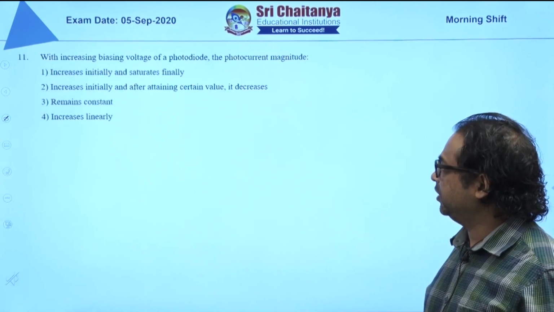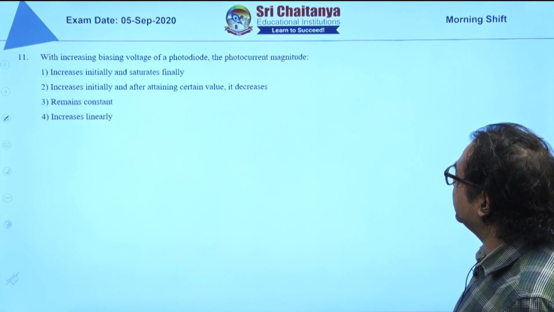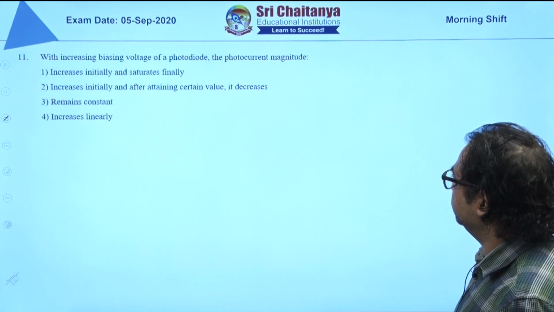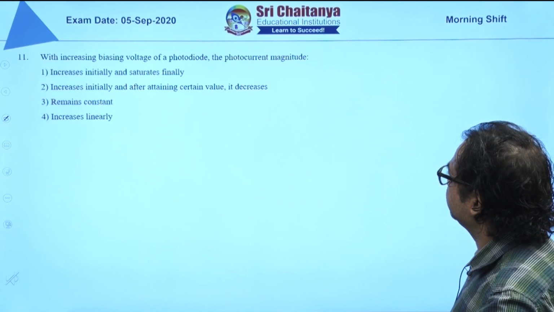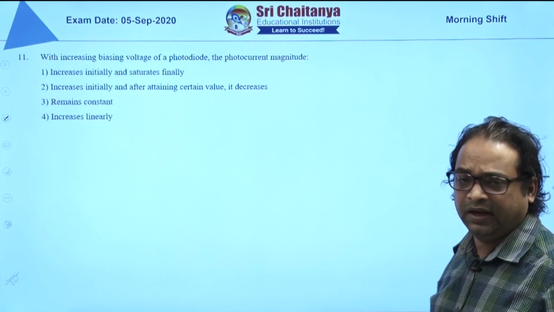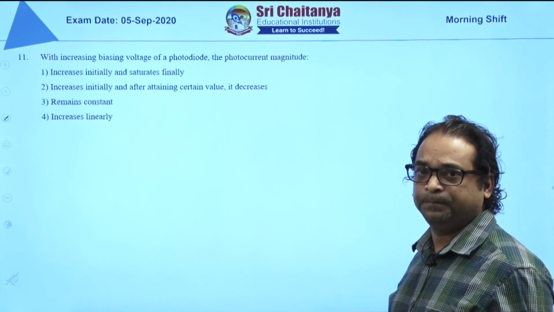Now, start question number 11. With increasing biasing voltage of a photodiode, the photocurrent magnitude. Okay. So, first of all, this is a theoretical question on photodiode, which is based on the depletion layer.